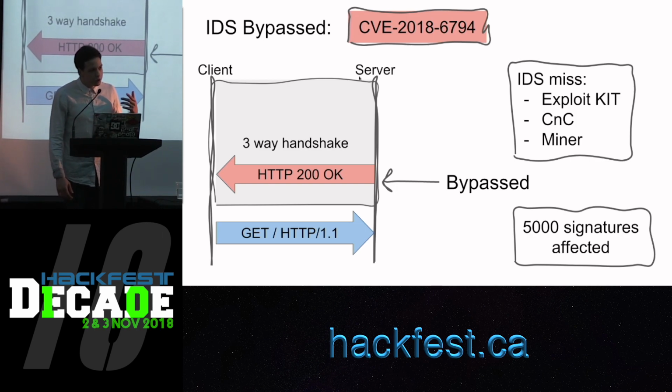Or adversaries could use this trick to hide a conversation between a malware sample and a command and control server, or any other case. So in total, from the open rule set, around 5,000 signatures were affected by this issue. This is around 20–25% of the overall number.